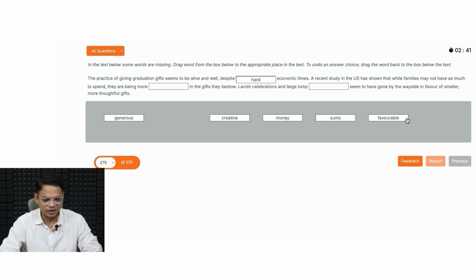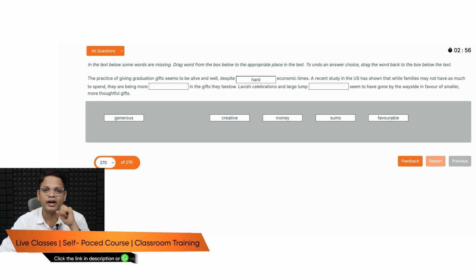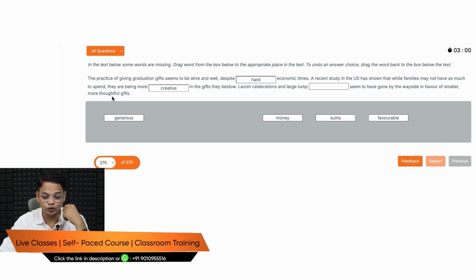Sums, favorable, they're being more favorable. So they cannot be more favorable, right? That's not the thing. As we have also seen in the last line, smaller and more thoughtful gifts are being given. That's what the last line conclusion said. So with that clue in mind, we can go with creative, because smaller and thoughtful goes very well with what?